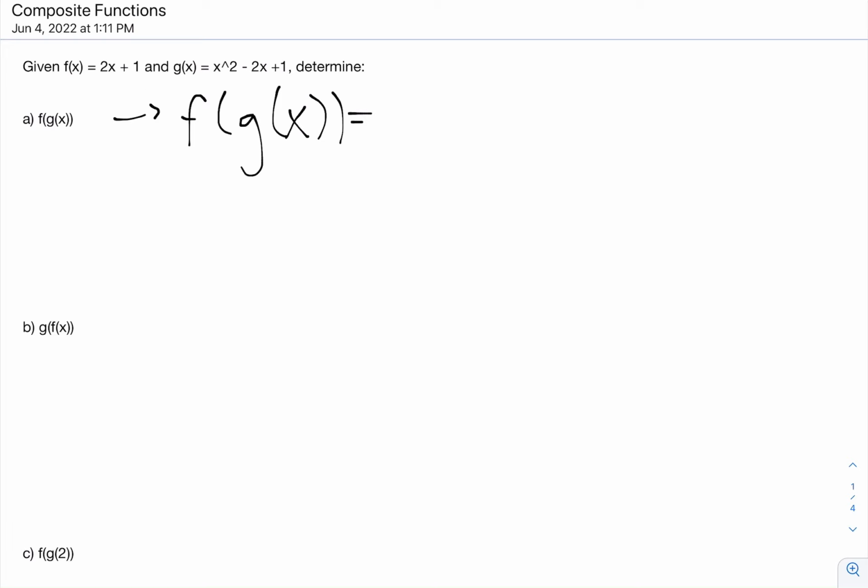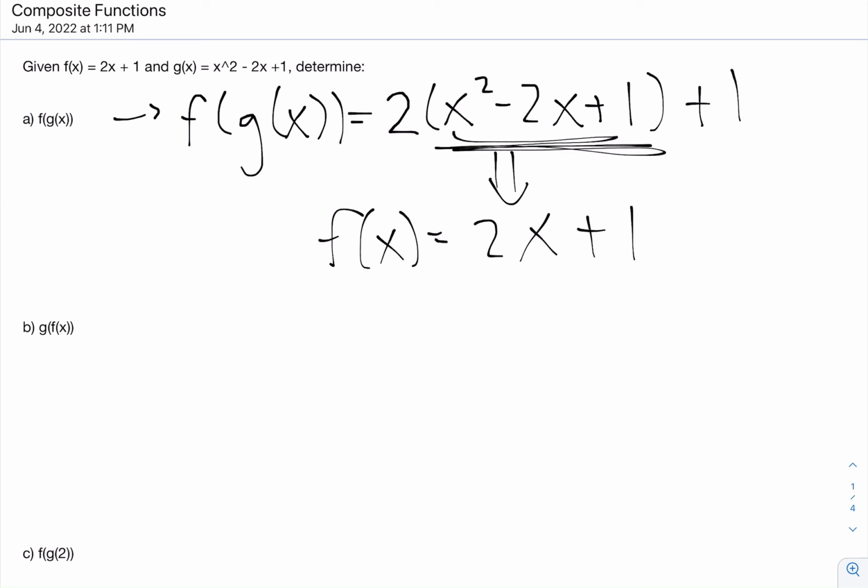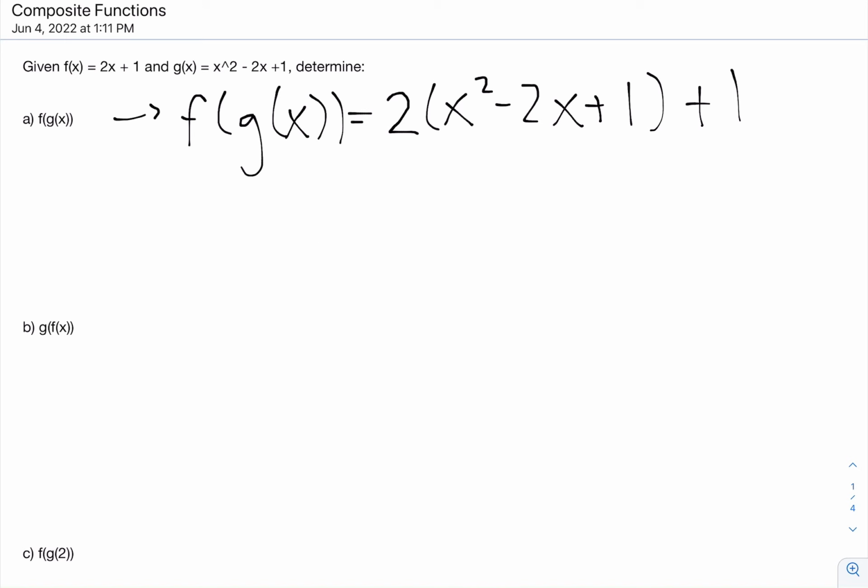So this is going to be 2 and not x, right? It's going to be 2 times x squared minus 2x plus 1, and then plus 1 after that, because this right here really is our x, because it's not f of x, it's f of g of x. So I hope that makes sense. This is your answer for the first part there.